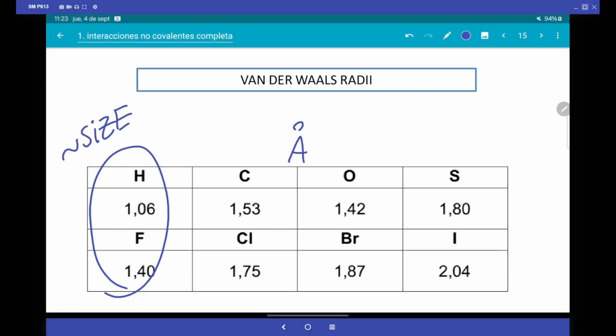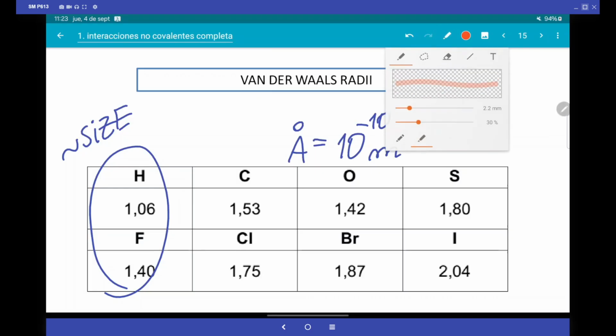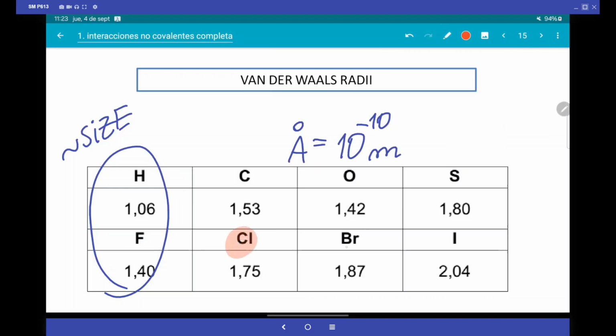Then fluorine and hydrogen are very compact, and therefore the ones that participate in the halogen bond are chlorine, bromine and iodine, of which iodine is the largest, of course. This giant. Then bromine would follow in size, and finally chlorine is the smallest.